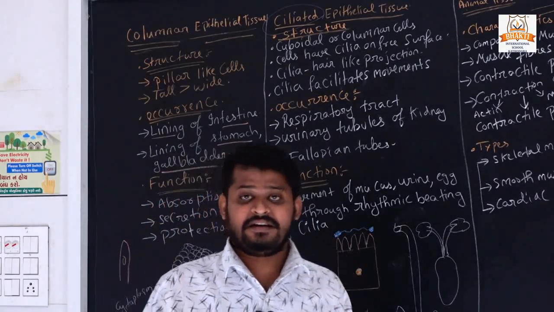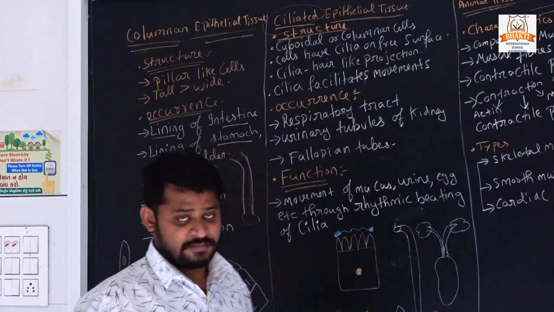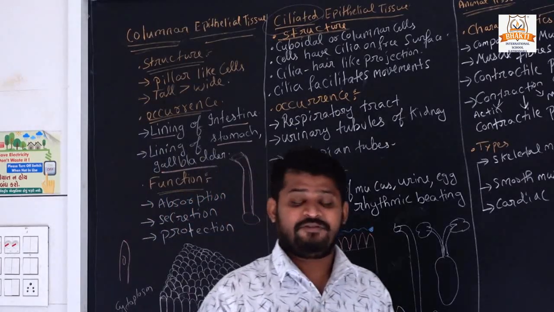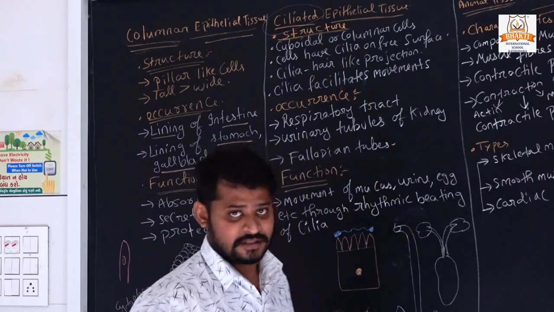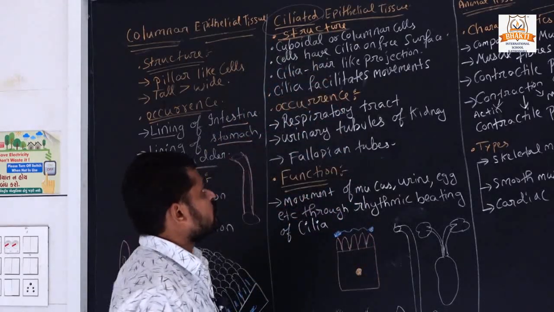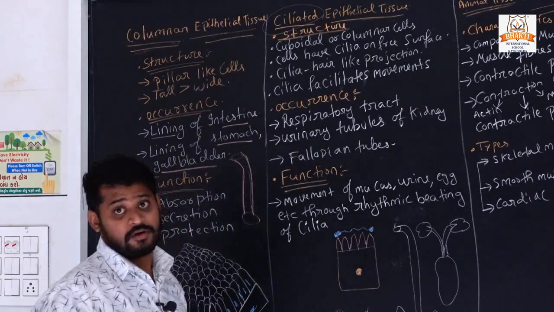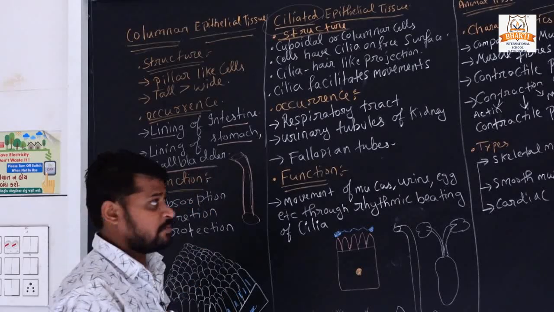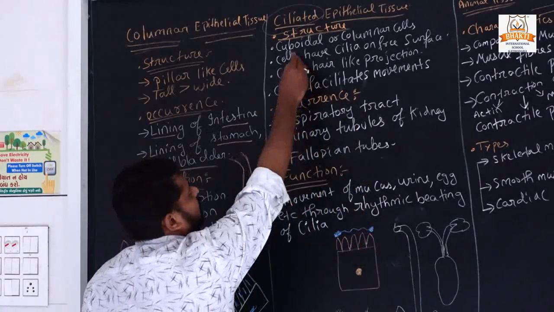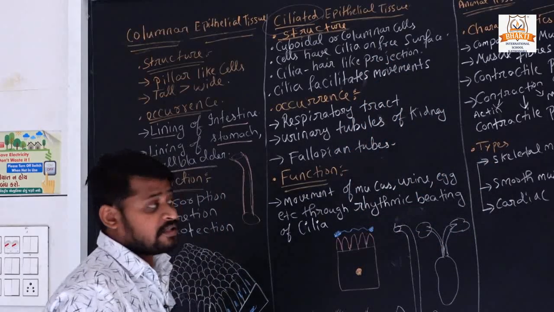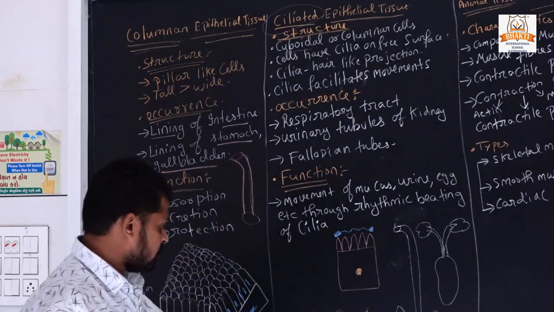Cilia is a hair like structure that is present for movement and locomotion in animals. What are ciliated epithelial tissues? The word ciliated means they have a hair like structure. The structure has cuboidal or columnar cells.